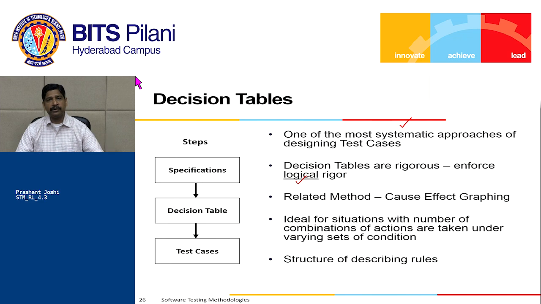This is where the propositional logic that you would have learned, and revised in the formal methods and mathematics for testing, would be useful for decision tables. The better you know the logical rigor and the methods to bring in that rigor, the more effective decision tables become.